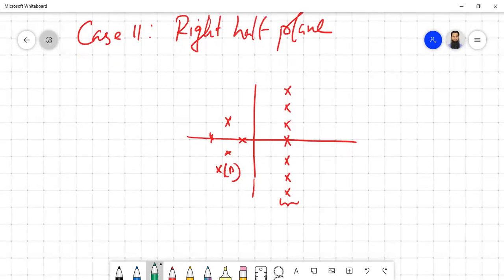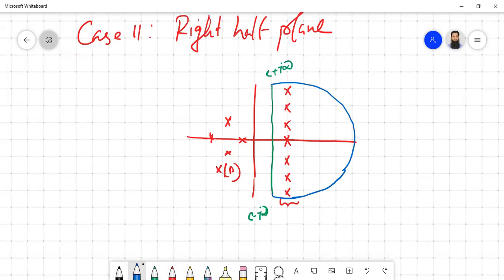So again, this is your c minus j infinity to c plus j infinity. Then you have added an infinite semicircle in the right half plane. So since starting from minus infinity to plus infinity, this is the direction. And because of this direction, we have to include a minus sign in the integration.